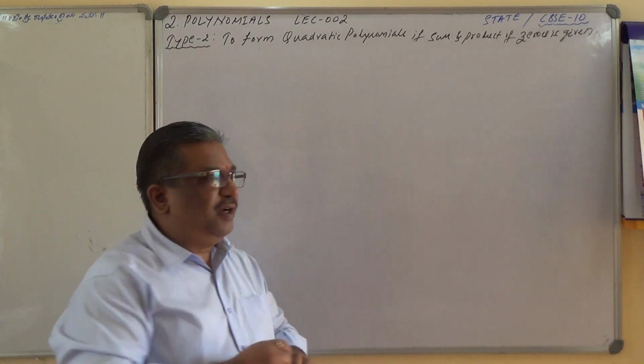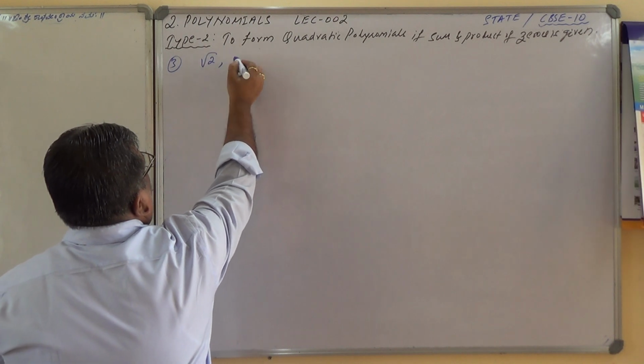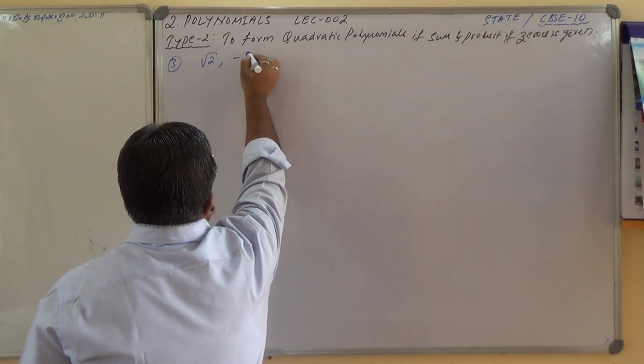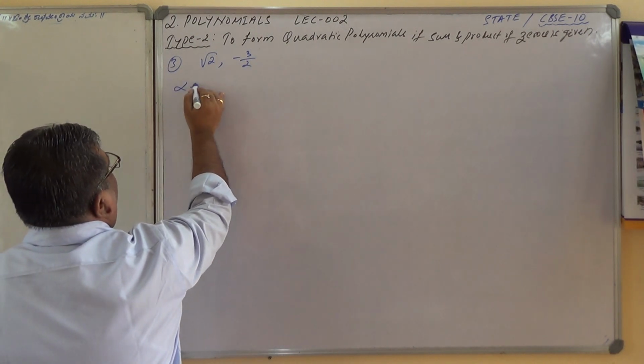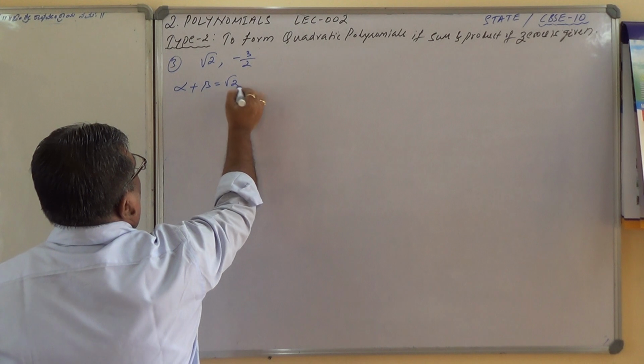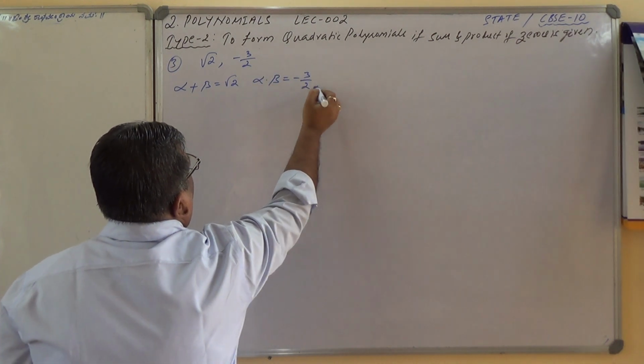Root 2 and minus 3 by 2. Third one, root 2, minus 3 by 2. So alpha plus beta equals root 2. Alpha into beta equals minus 3 by 2.